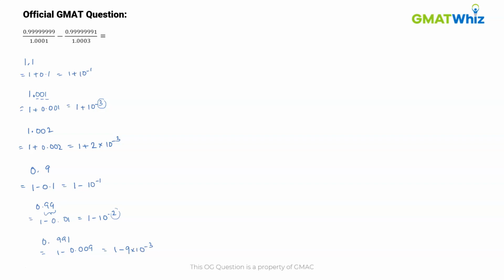So, if these concepts of expressing the decimal as exponents are clear, we now proceed to solve the sum. There are 8 nines here. So, 0.99999999 divided by 1.0001 minus 0.99999991 divided by 1.0003.